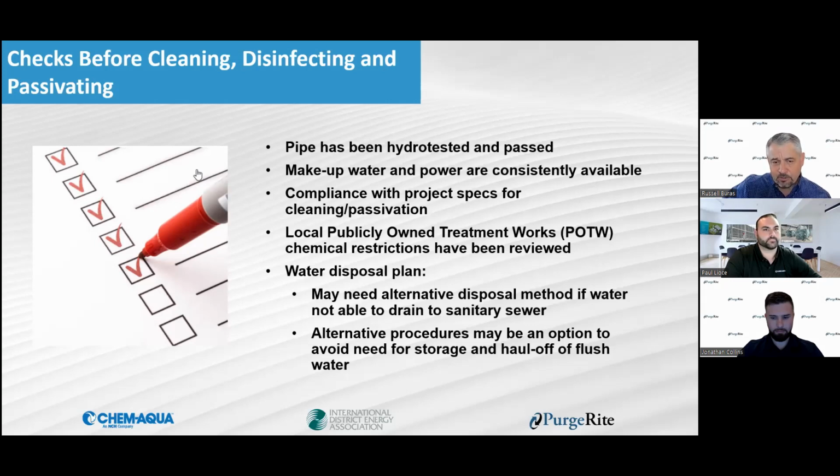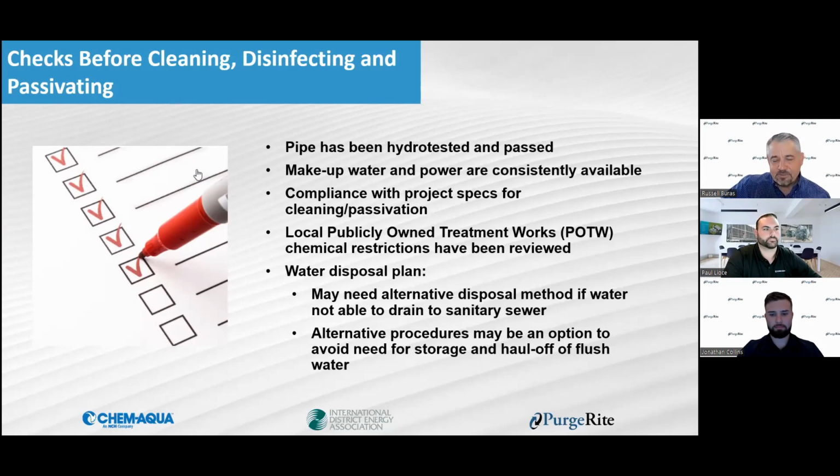In the chemistry part, there'll be certain durations that they want the chemicals circulated with. And so you want to make sure you're able to comply with that. And one of the issues there is that these systems can require other things, bypasses and such, and we'll talk more about that.